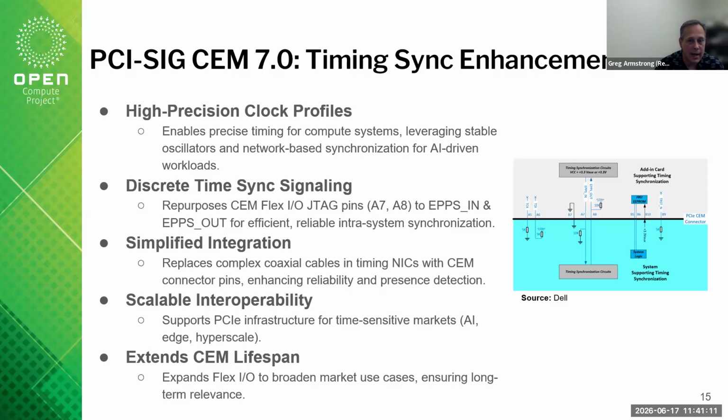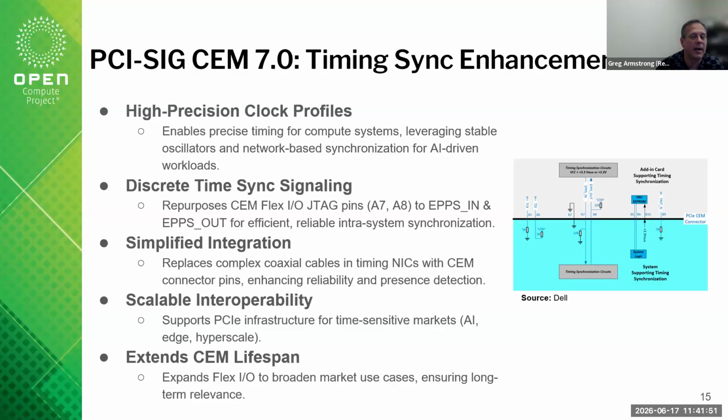If there's more than one EPPS source coming in, I'll only use one for the distribution, but if there's a failure or the card's pulled, I can fall back to the other. So now you can build the redundancy into the cards as opposed to the server itself, which gives you a cost advantage as well. You don't have to put OCXOs directly on the server or get customized server cards with OCXOs to give you clock stability. You can just buy it off the shelf, plug it in, and get the time card capability up front.